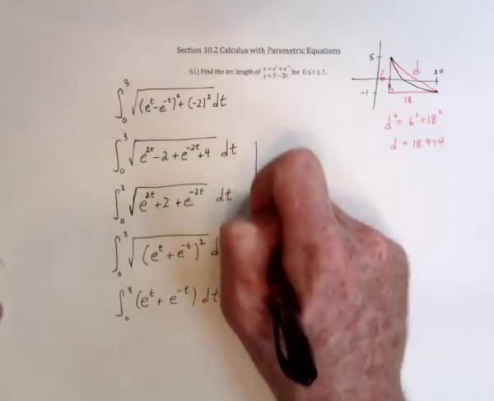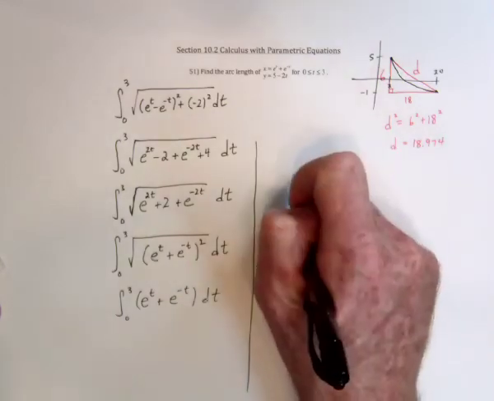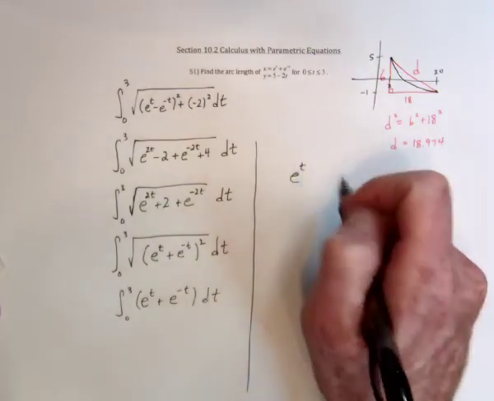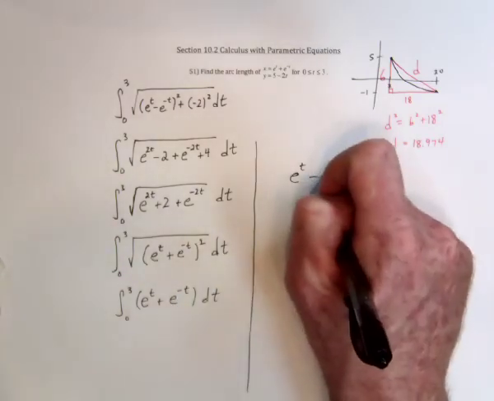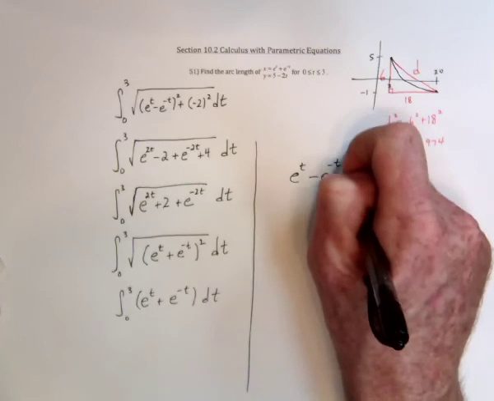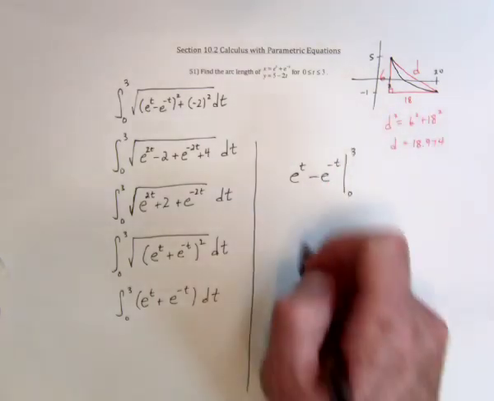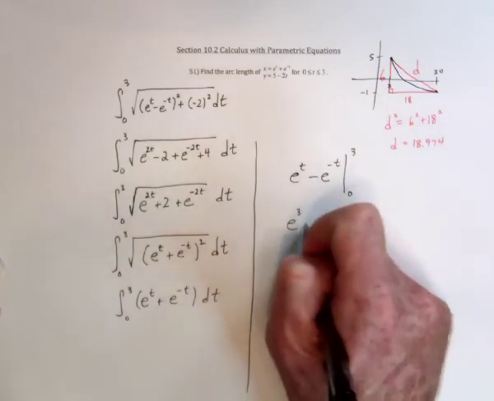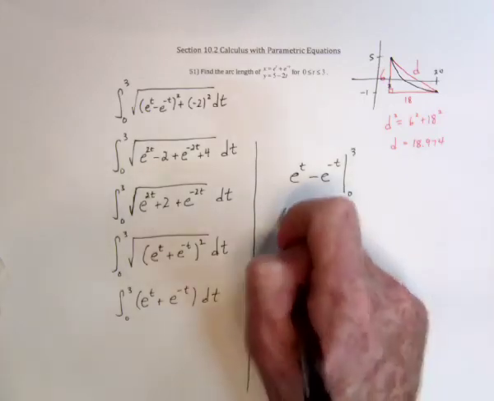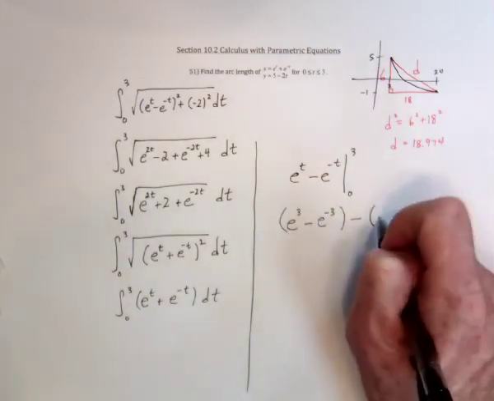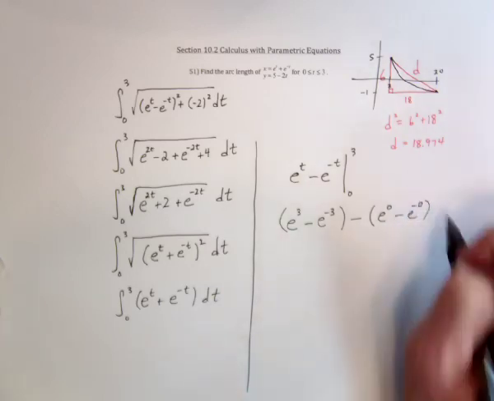Let's continue over here. So the integral is easy enough. We've got e to the t, and then because of this negative exponent, this one's going to be minus e to the negative t, and then evaluate from 0 to 3. So we will have e to the 3 minus e to the negative 3 minus e to the 0 minus e to the negative 0.